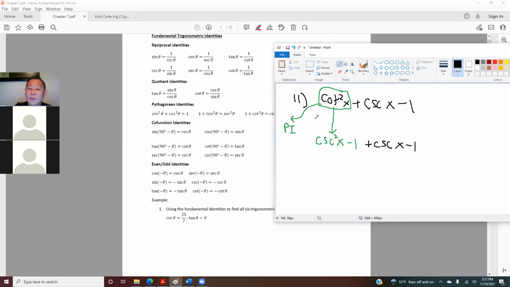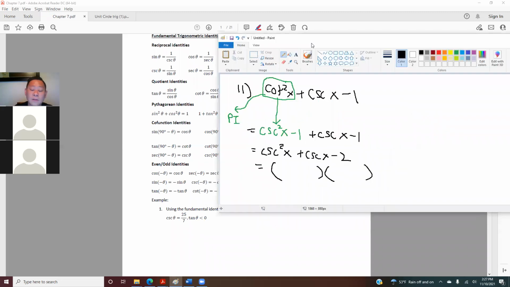And then what we do here is now you find out that all these are in cosecant x. So we just combine like terms. So this is cosecant square x plus cosecant x minus 2 because minus 1 minus 1 is minus 2. Now you can factor this. Anyone know what's a factor for it?